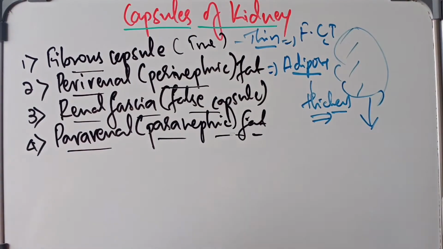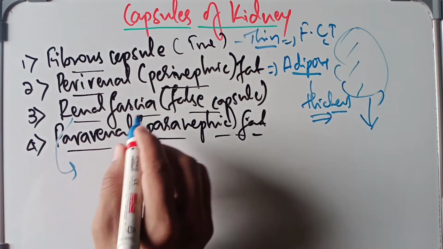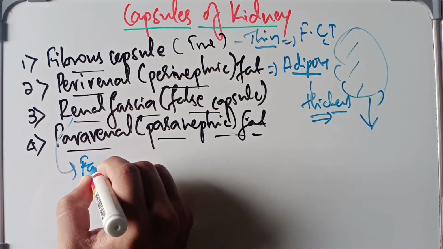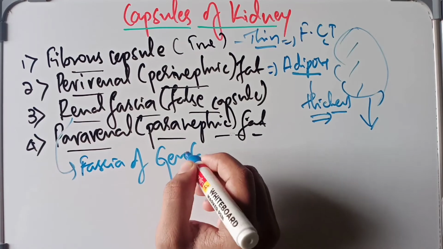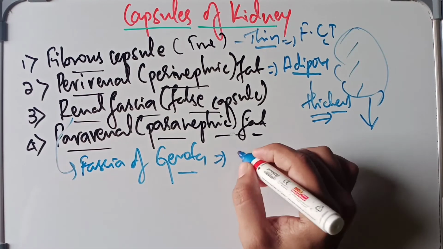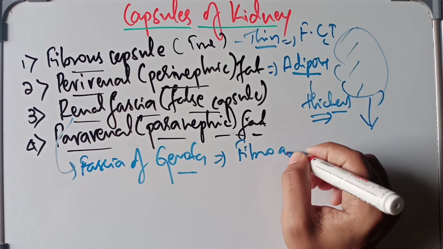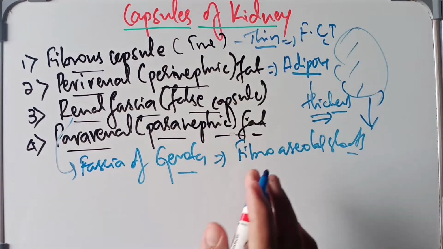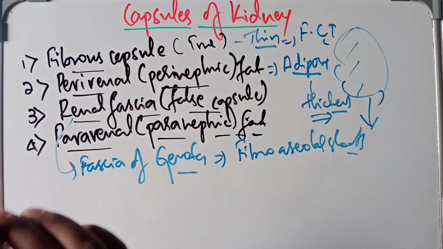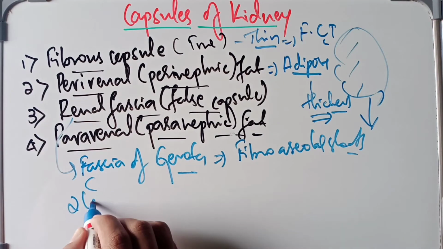Then the renal fascia, also called the false capsule or fascia of Gerota. It is a fibroareolar sheath which surrounds the kidney and the perirenal fat. It consists of two layers.